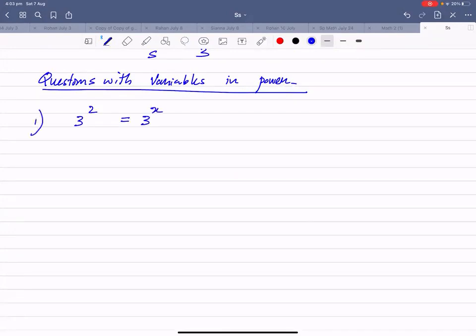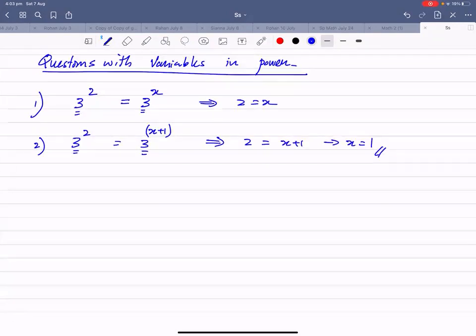So if you have that, you can see the same base here, 3 and 3. So then 2 is equal to x. So if you have something like that, 3 to the power 2 is equal to 3 to the power x plus 1, you have to find x. So if the bases are equal, powers are going to be equal as well. So from here you get x is equal to 1.